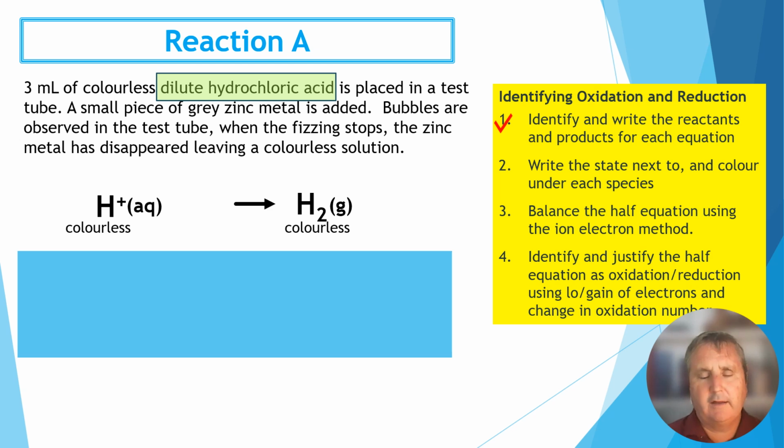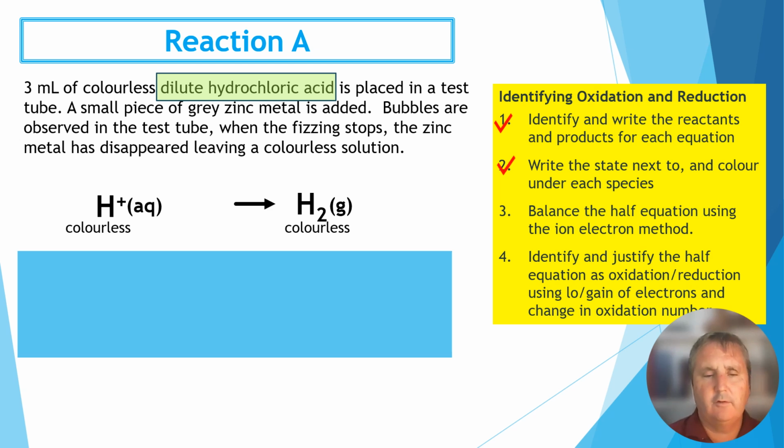If you are carrying out the achievement standard 91167, they will give you a resource sheet that has the name, the symbol and the colour of each of these species in the solution. So if you weren't sure what dilute acid is, you look up the name, find its symbol and its colour, and write it down.